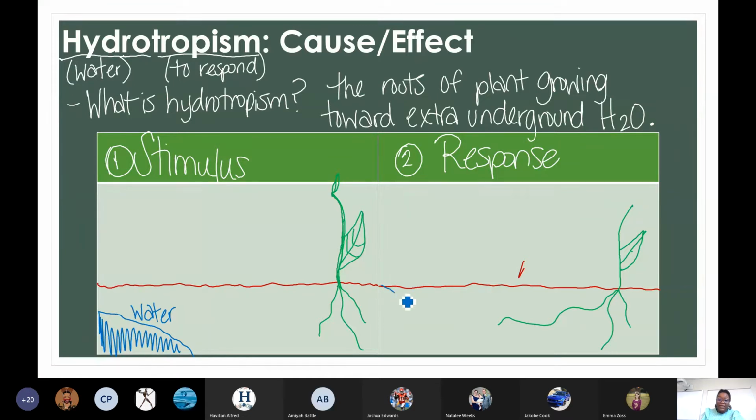Notice how Ms. Neville's taking some time to draw this picture. You should too. Okay, our roots will grow towards the water.